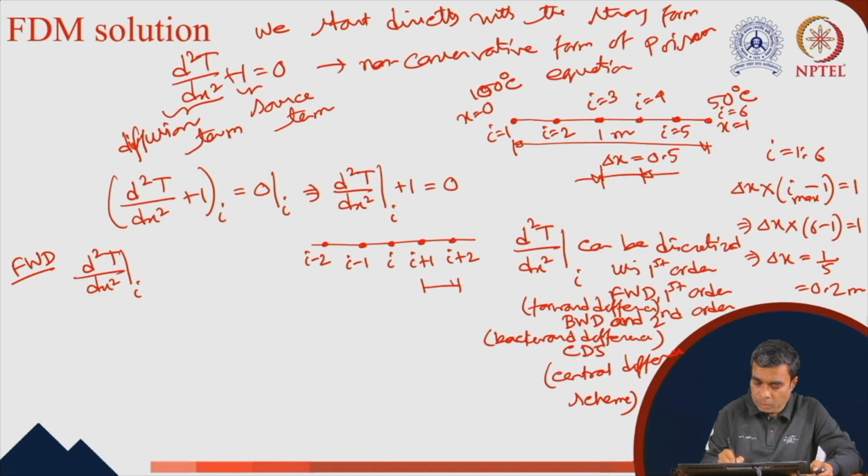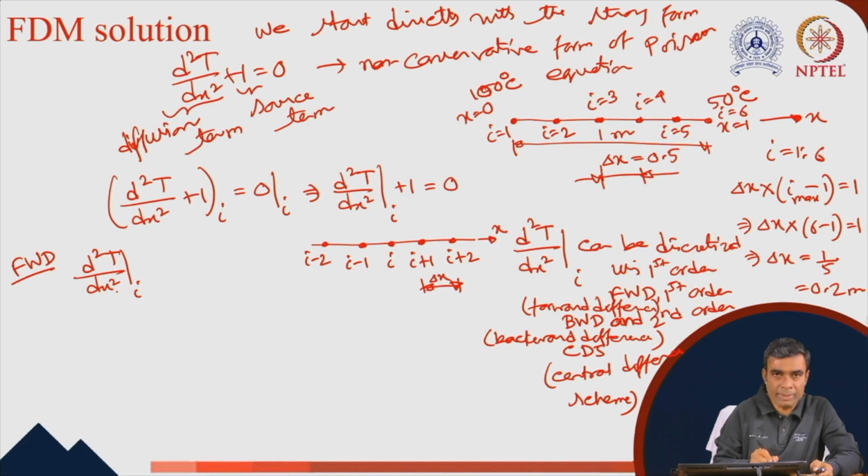The distance between two successive nodes is the mesh size or grid size. In finite difference, we use the word grid size. This is the x-axis. Now, using forward difference, d2T/dx2 at the ith node comes as (T(i+2) minus 2T(i+1) plus T(i)) by delta x whole square plus order of delta x, since the order of accuracy is first order.